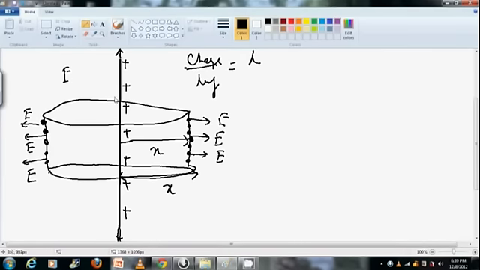Now let us use this surface of a cylinder as a Gaussian surface, including the top and bottom. This is a closed surface.